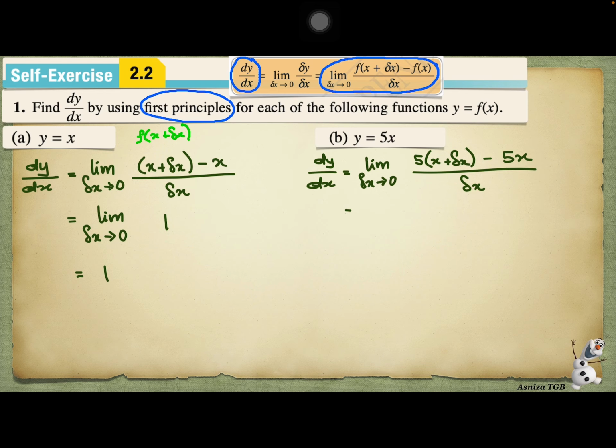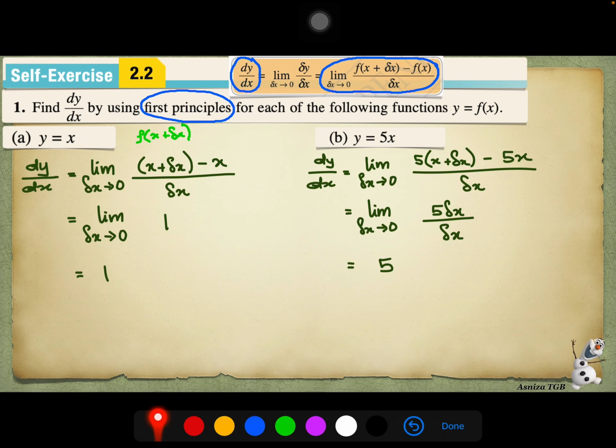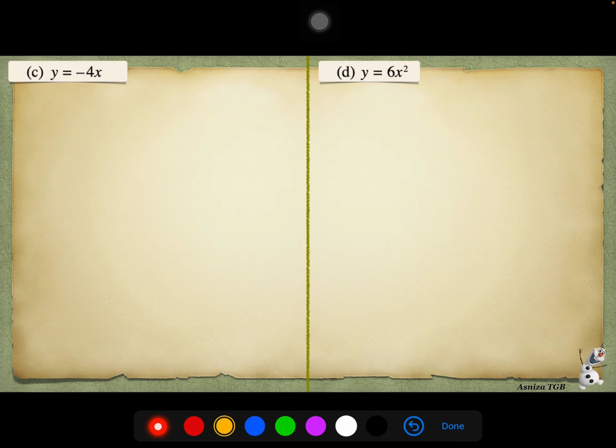When we simplify the function, we will have the limit as delta x approaches 0 of 5 delta x over delta x. Delta x over delta x can be simplified, so our answer is 5. This is much easier. Next, let's look at C.